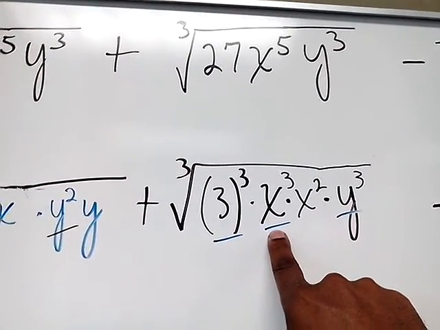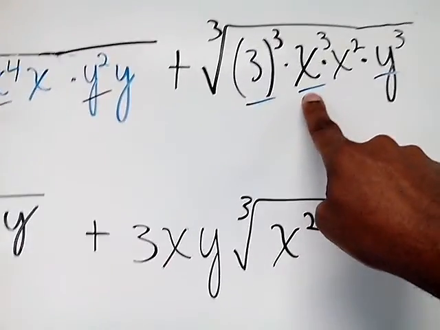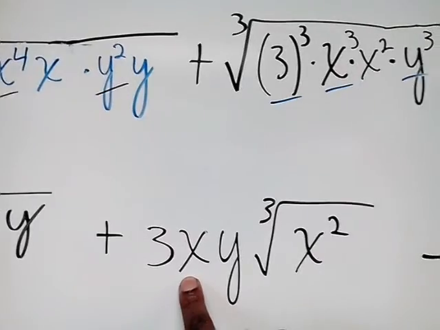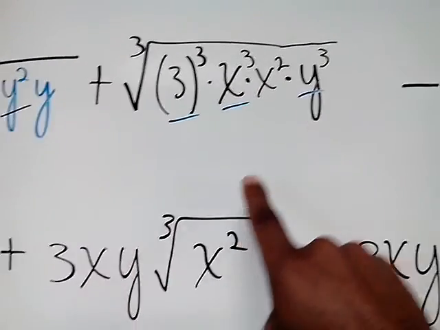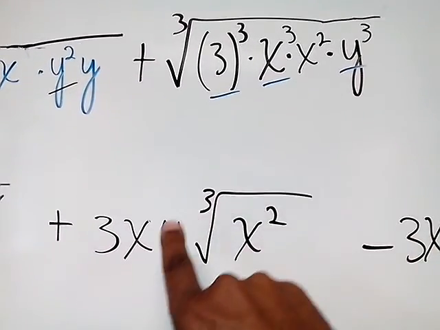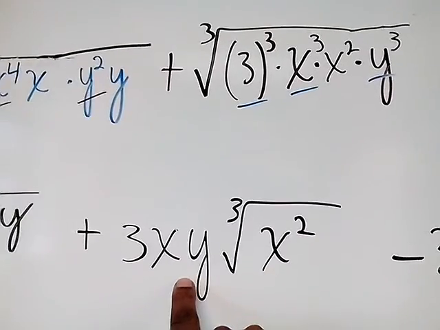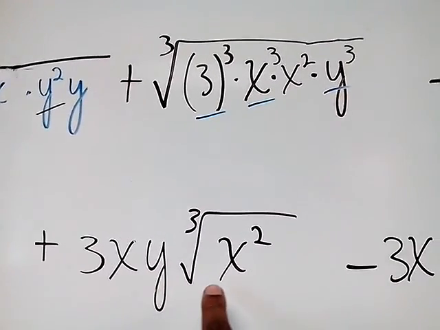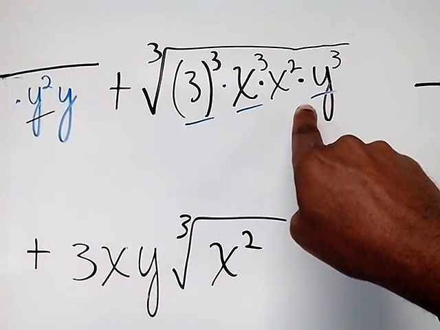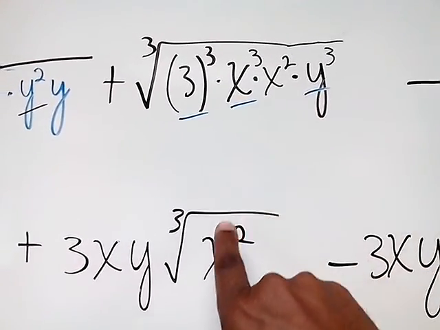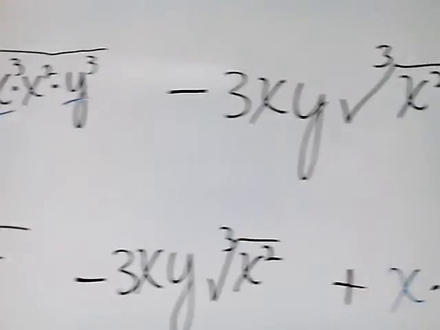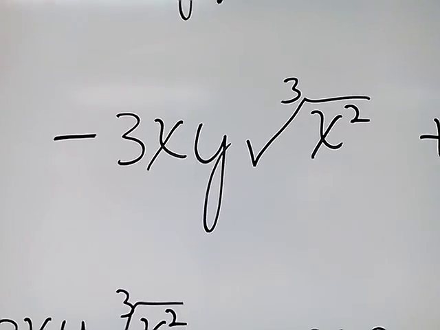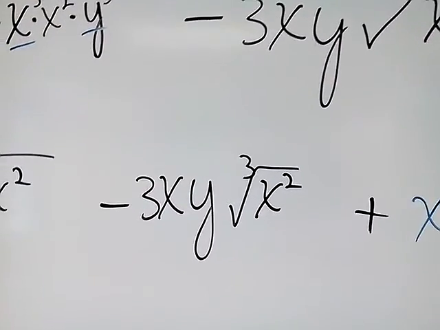So now that we have a third root here, we can bring its cube root out, which is x. And then same thing with y. We can bring y to the third, its cube root is y. And left on the inside, and the next term, we can't do anything with this, so that stays exactly like it is.